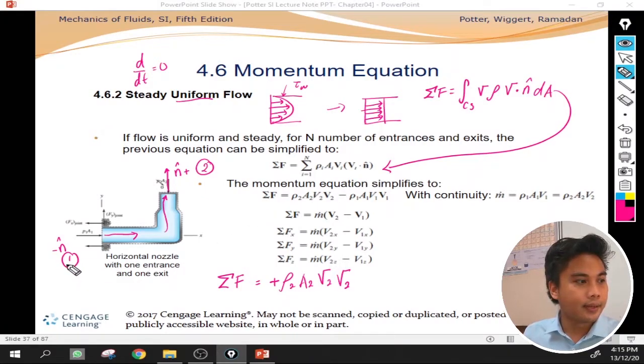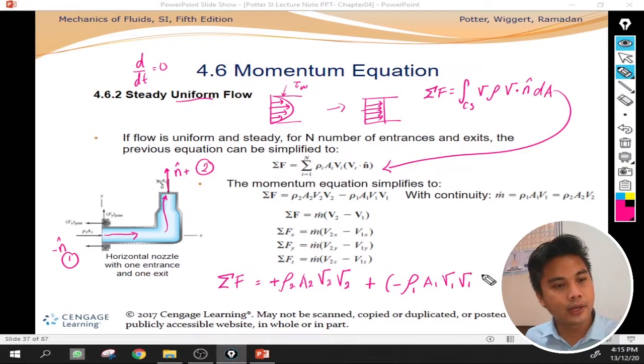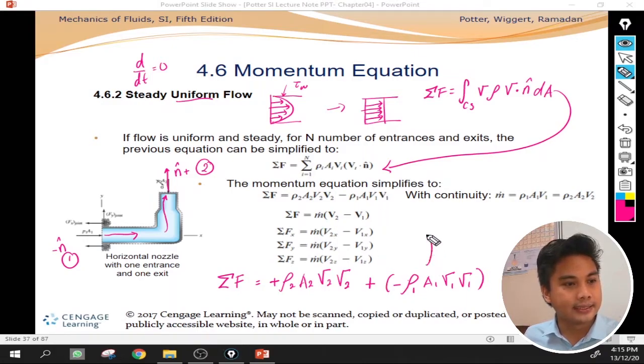And we have to plus point 1, where the vector n is pointing inward, which is negative. Negative rho 1 A1 V1 V1. So from this one equation, you can see it is exactly the same as this equation.